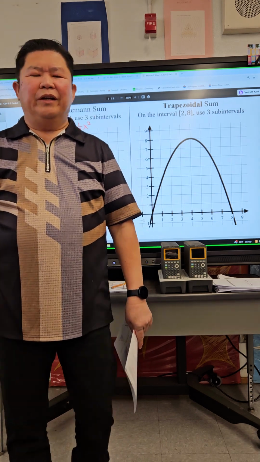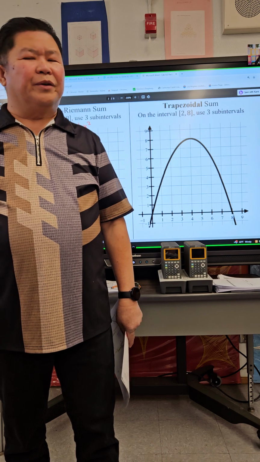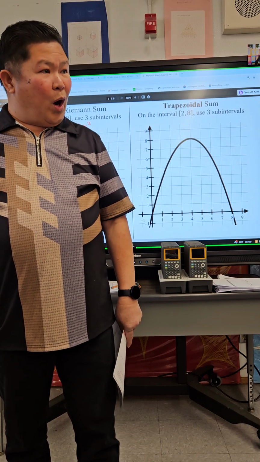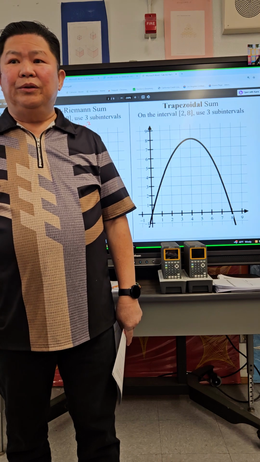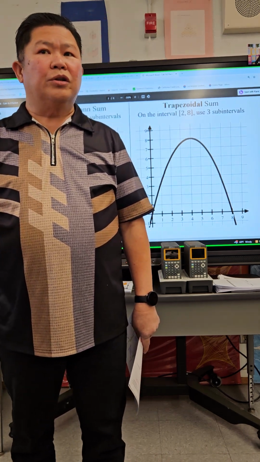What is a trapezoid? Can you give me the formula of the area of a trapezoid? Base 1 plus base 2 over 2 times the height.